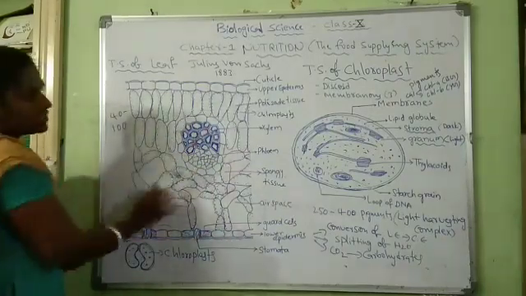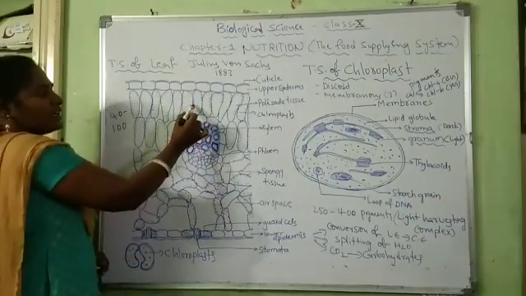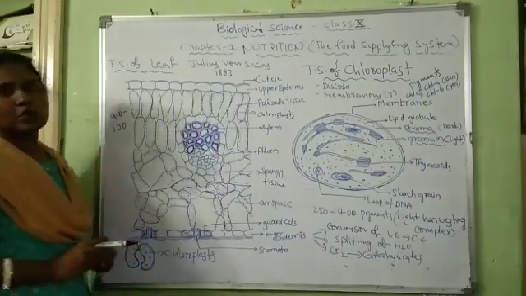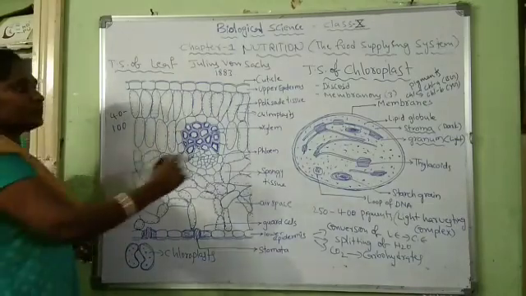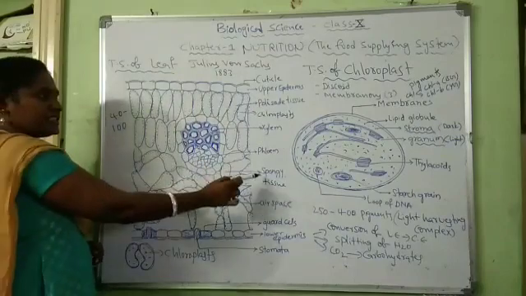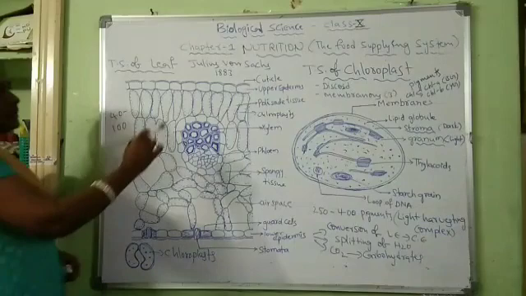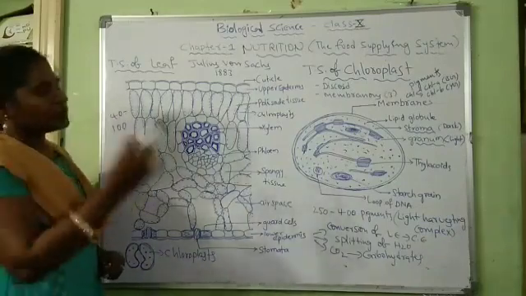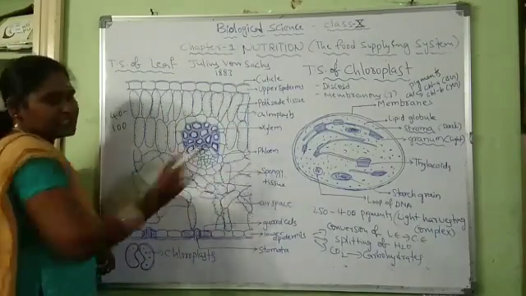So this is the structure, and the dot-like structures you are observing here are chloroplasts. Abundant chloroplasts are present in the palisade tissue, the mesophyll tissue, and also in the stomata. There are many more chloroplasts in palisade tissue compared to spongy tissue.